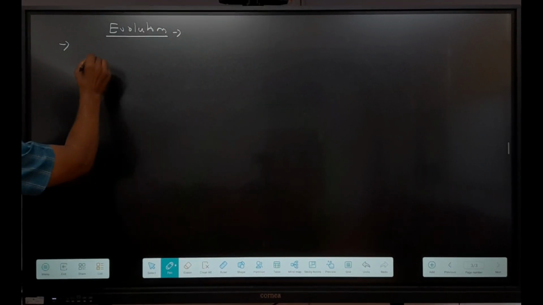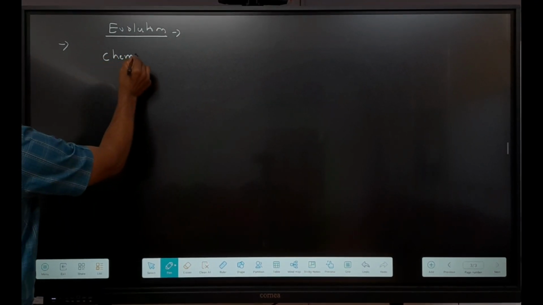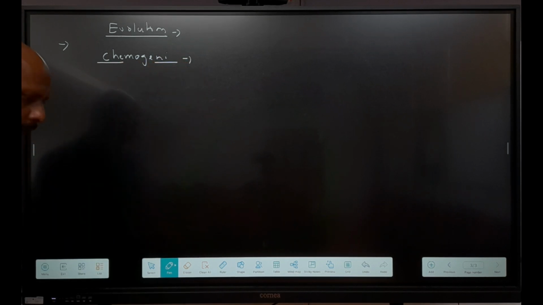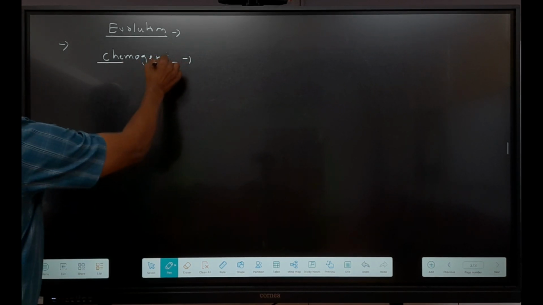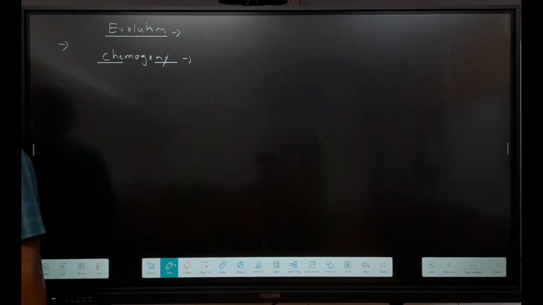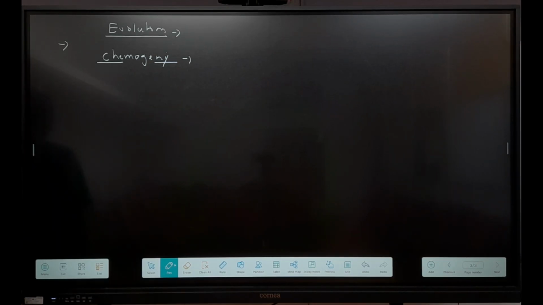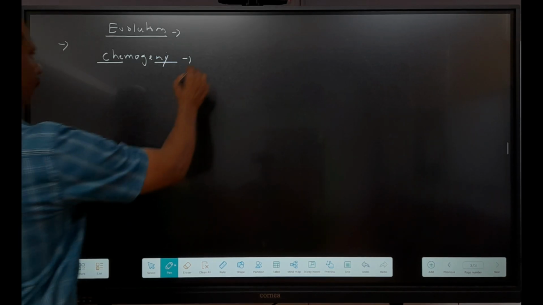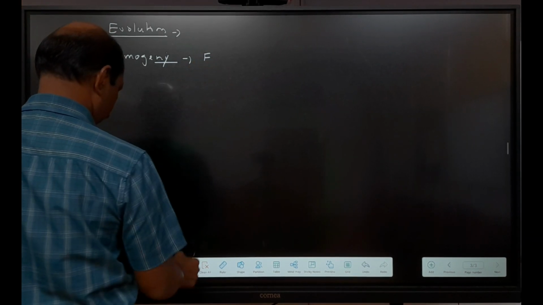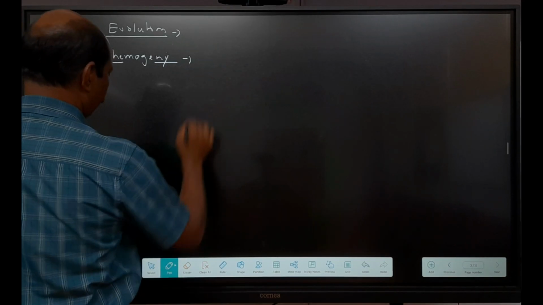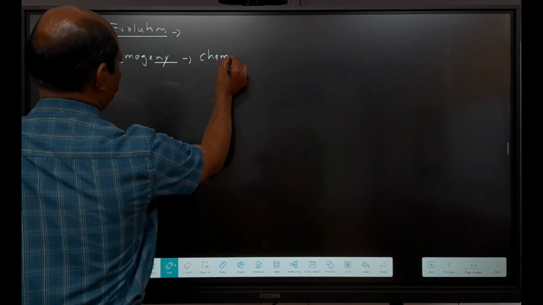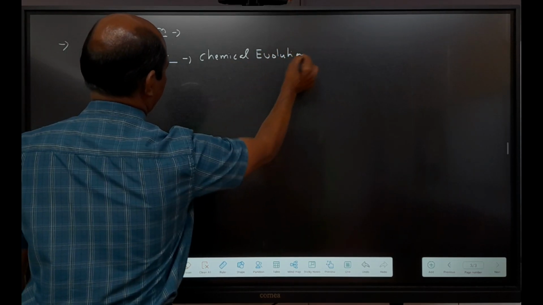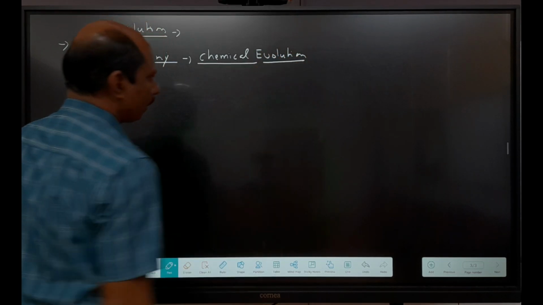First stage is called chemogeny. Right? Chemogeny. Chemo means chemical formation of chemicals. Right? It is called chemical evolution. What happens in chemical evolution?